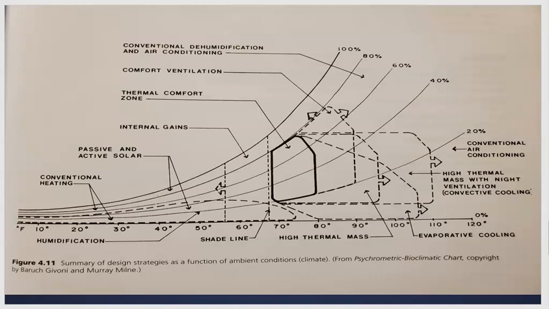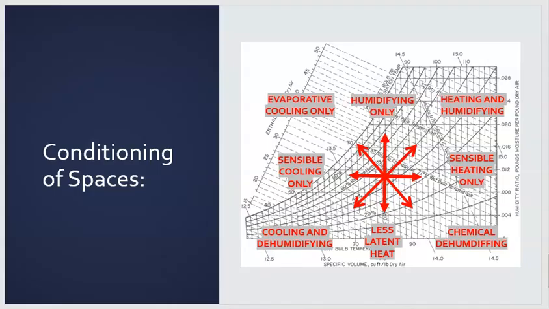So if you're way over here, then you can use high thermal mass with night ventilation to cool the space. You can also use evaporative cooling, high mass. Here you want to have gains to get into the zone. So you can kind of see some different strategies to figure out how you can change the zone.